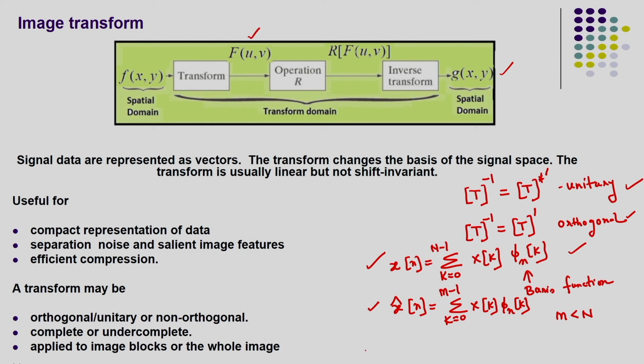And in both cases, I can determine the mean square error. The mean square error is nothing but 1 by n, summation n equal to 0 to n minus 1.